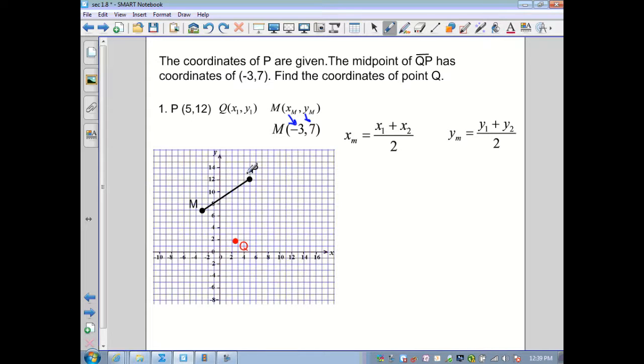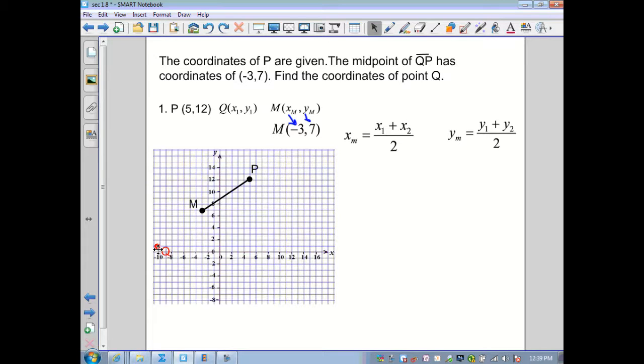We know point P because it's given to us, 5, 12, and we know the midpoint to be negative 3, 7. What they want us to find is the location of point Q. It has to be out here somewhere that makes these two segments congruent. Our job is to determine the value of point Q.